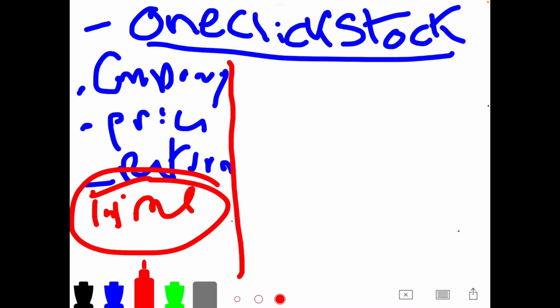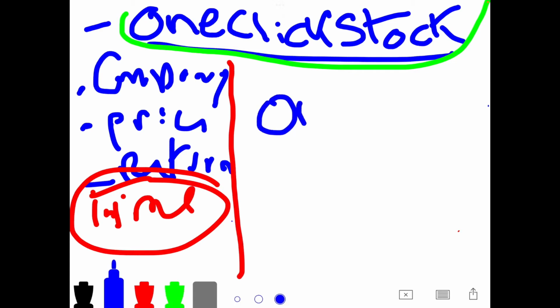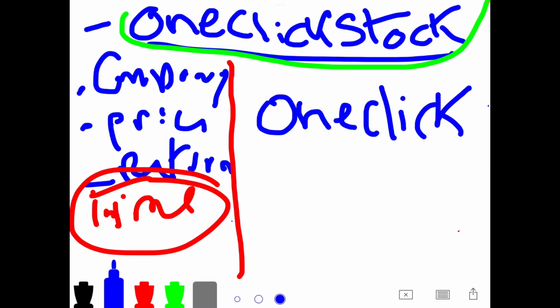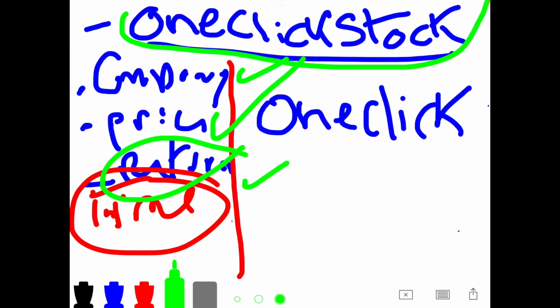So what we did with OneClickStock, what we did with this formula, is that we answered all these questions in one click. How good can that get. In one click, you'll be able to answer if this company is a good company, what is the best price to buy it, and how soon I can generate profit.